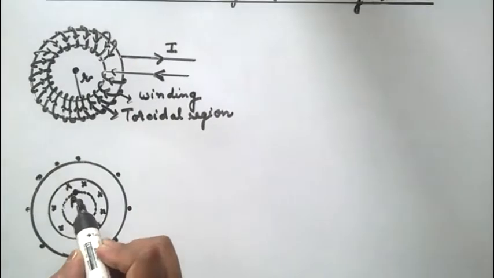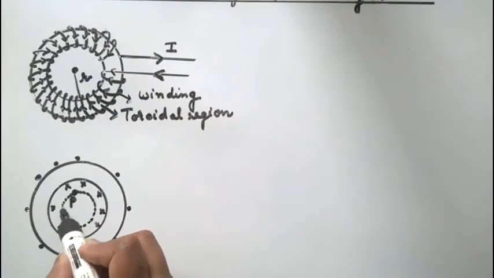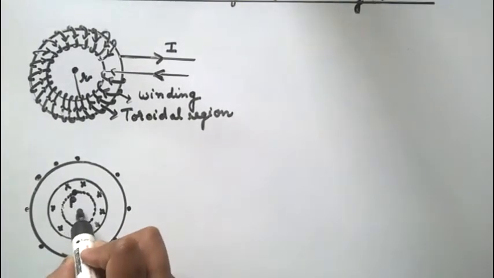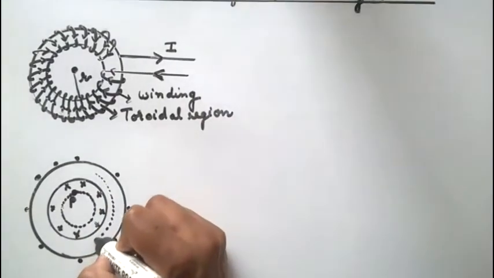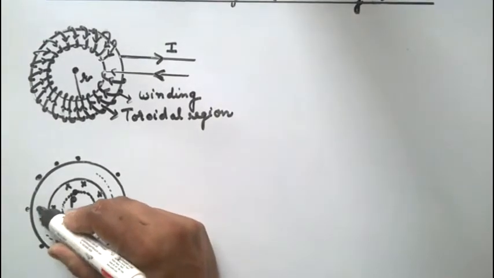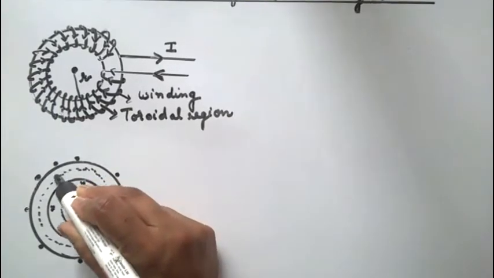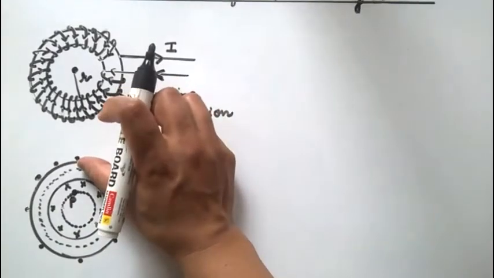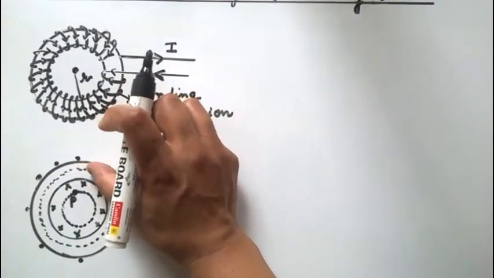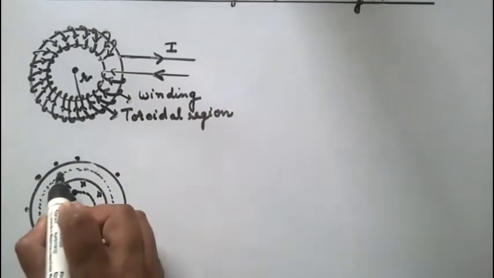We will calculate magnetic field because of this point P having dl element, and then we will integrate it and find the value of magnetic field at this region. Now within the toroidal region, the Amperian loop is circular, and this also shows the direction of magnetic field lines, which is circular because of all the dl elements, and its direction is clockwise.